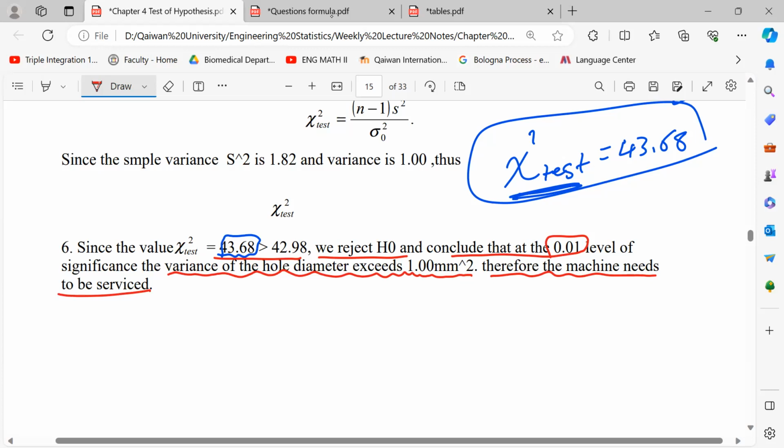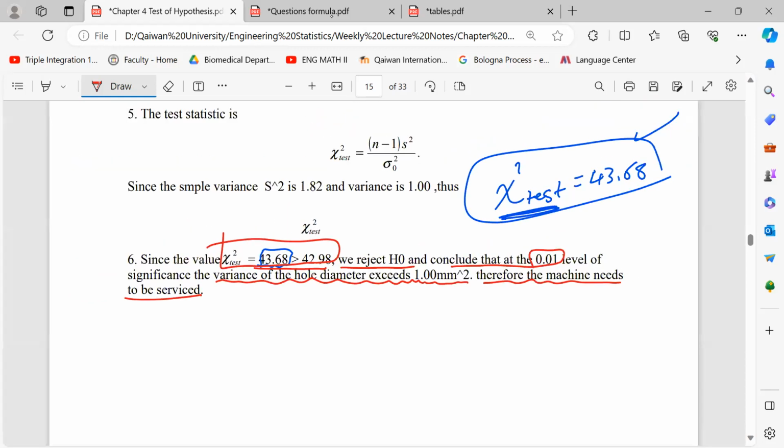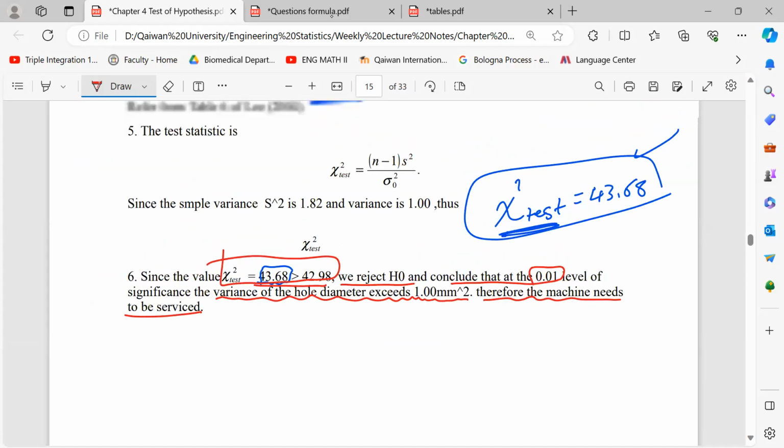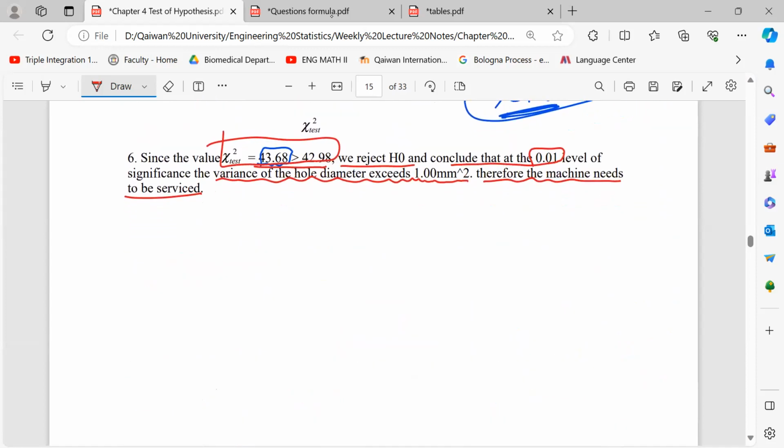Based on the given example, if you reject H naught, we accept H1. H1 is accepted only in the case that the machine needs to be serviced, because the diameter variance is greater than 1. That's it. It is for the value and for the variance.